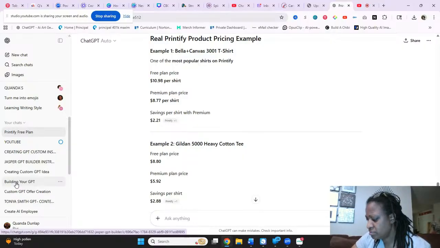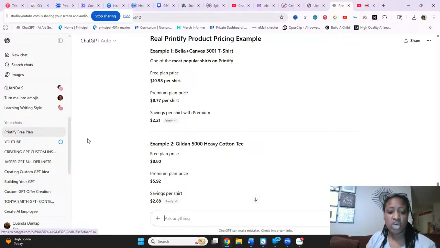Example, Bella Canvas t-shirt, savings with premium, $2.21. I'm going to stick with that one. That's going to be my example that I write down.